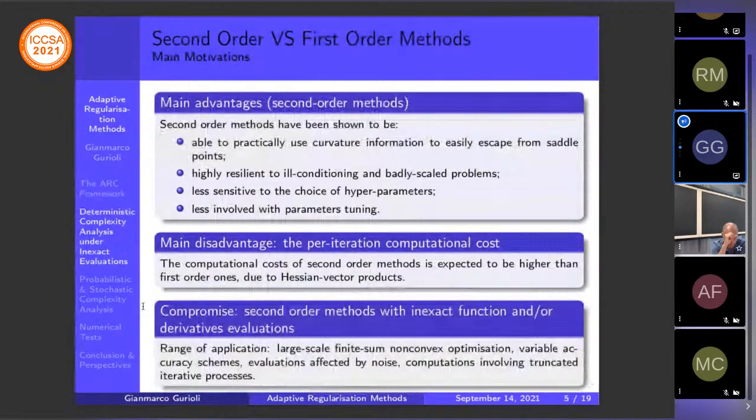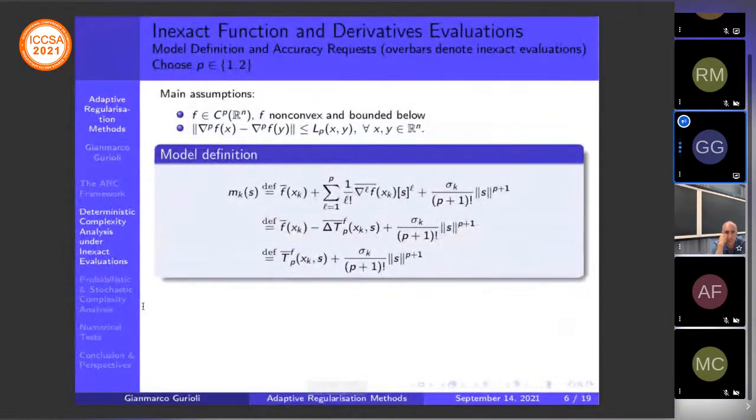Coming now to the proposal of reducing the per iteration cost of second-order methods, in which at least Hessian vector products are needed, the main idea is to introduce inexactness in function and derivatives evaluations, while preserving optimal complexity and without deteriorating, hopefully, the overall performance of the algorithm. So let us now move on to a more general framework which covers the case of inexact function and derivatives evaluations.